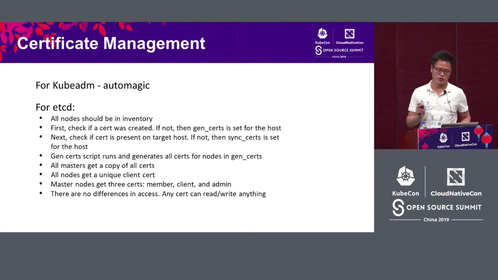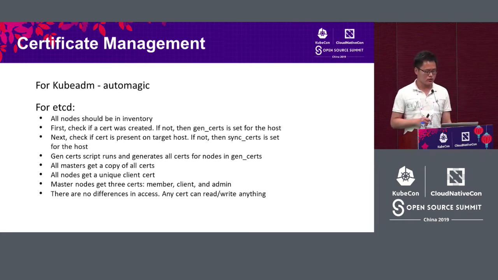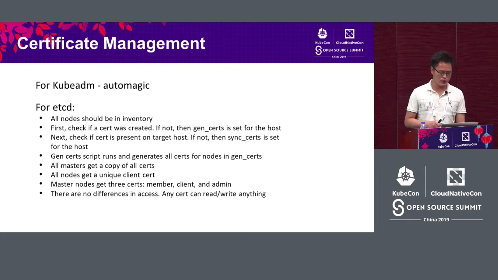It will generate all certificates in the first node, and then it will check whether a certificate is present on the second node. If not, it will copy to the second node. So it will copy certificates to all the nodes, and it supports member, client, and admin certificates.